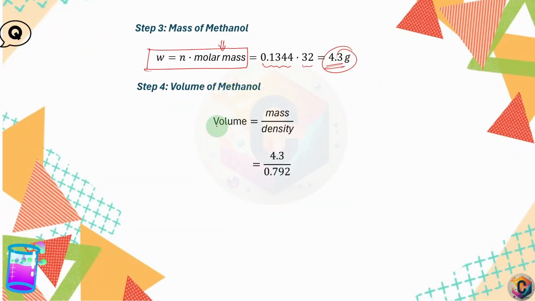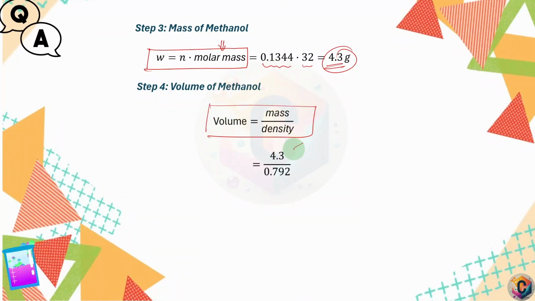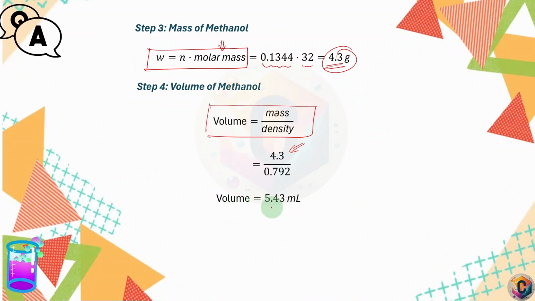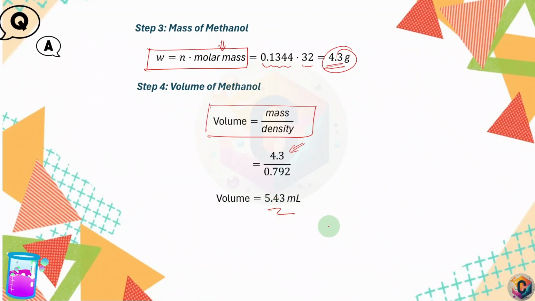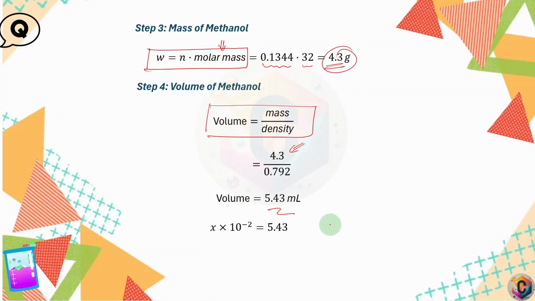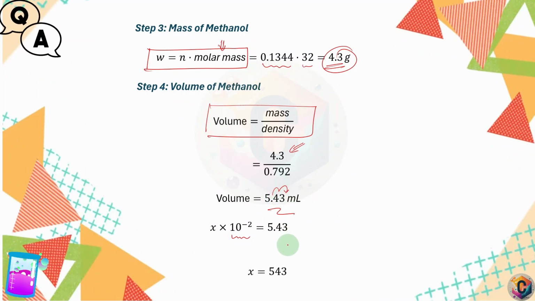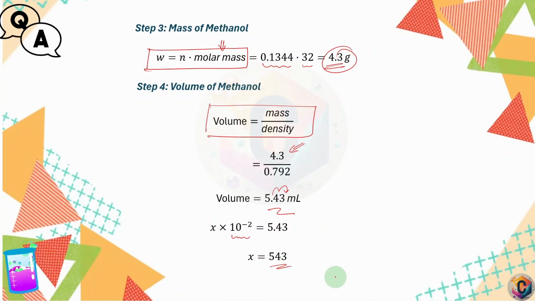To calculate the volume, we use the formula volume is equal to mass by density. The mass of the methanol is 4.3, and the density of the liquid is 0.792. So the volume of the methanol is 5.43 ml. But the answer has to be expressed in terms of 10 power minus 2, so I have to move the decimal point 2 places to the right side. So I will be getting the answer as 543. So this is your answer.